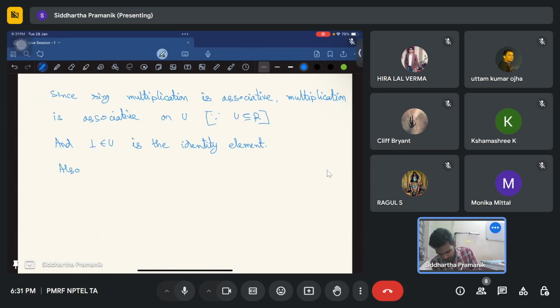Also, the inverse of each element in U exists by definition.